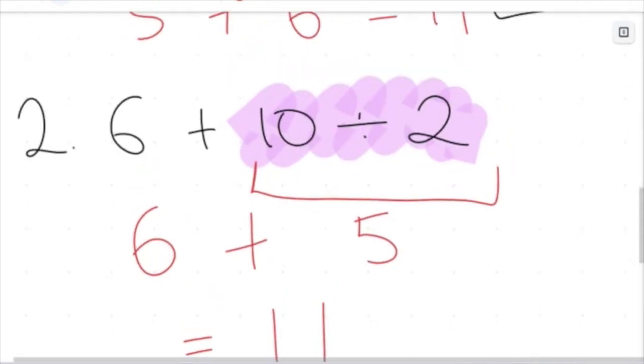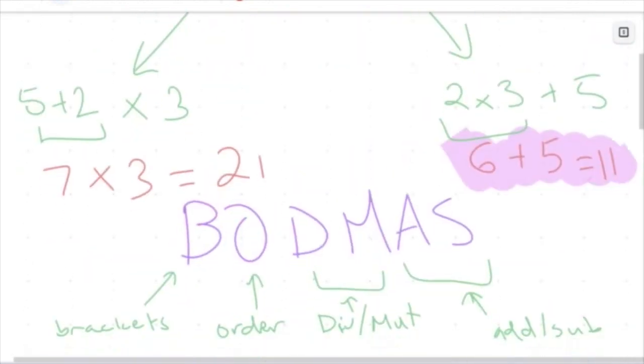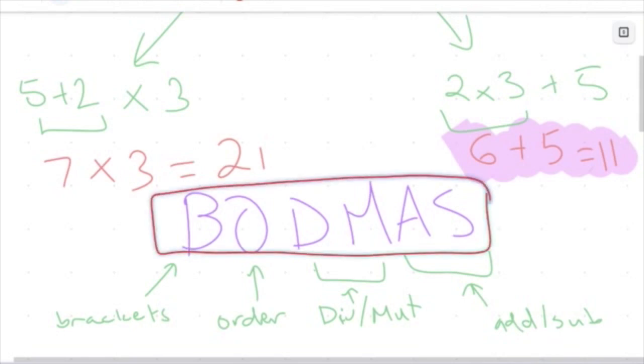So once we understand why this works, we can go back to our BODMAS here, and we can use this. Now you can have a look at this and go, all right, cool. Now I understand how it works. So now I can just use this, and that's a good way to remember it.